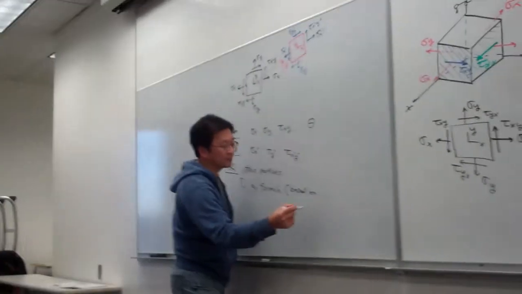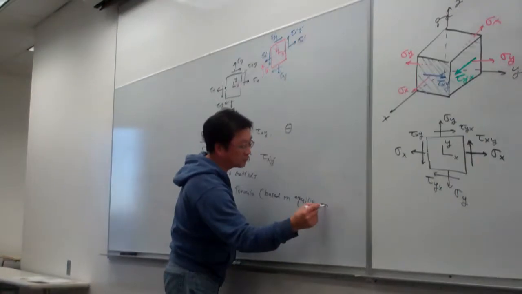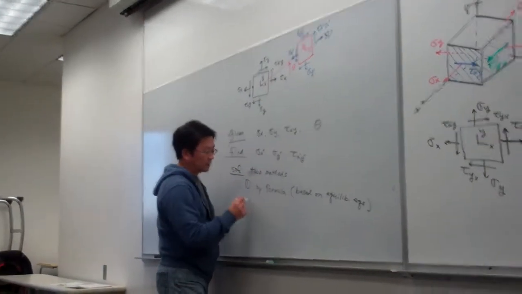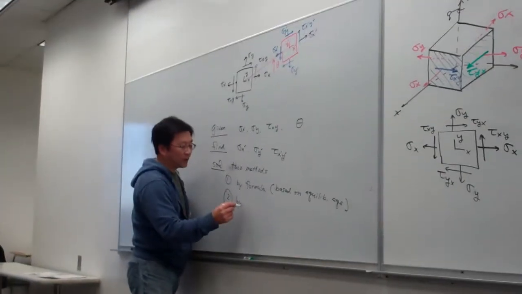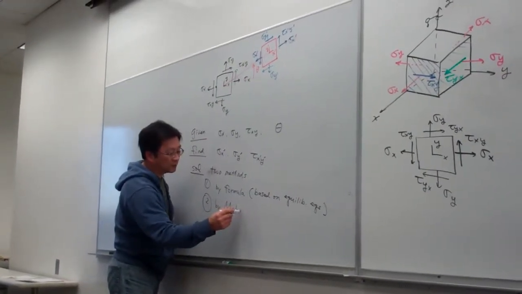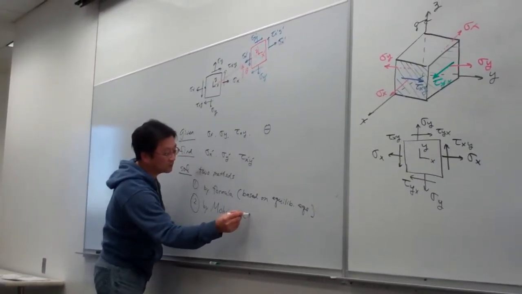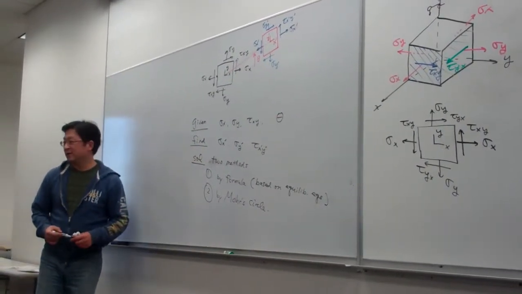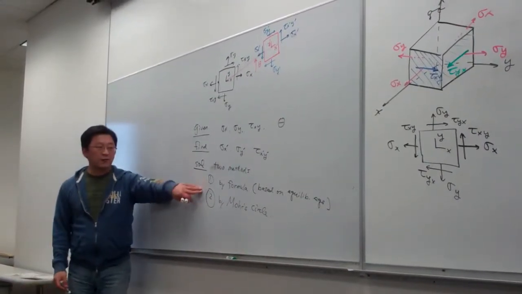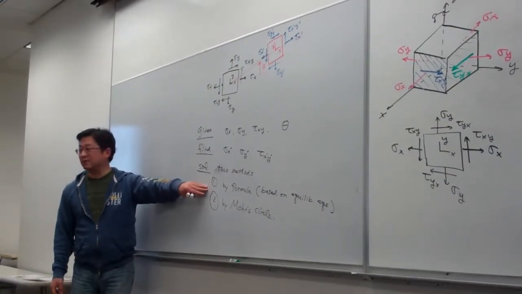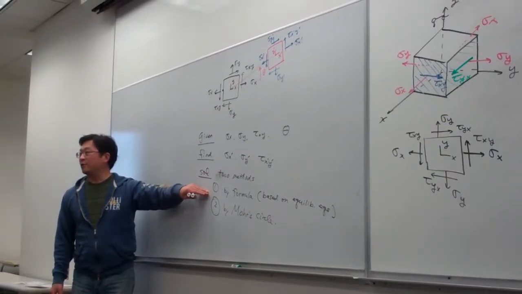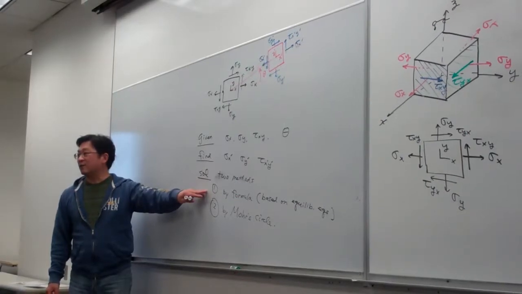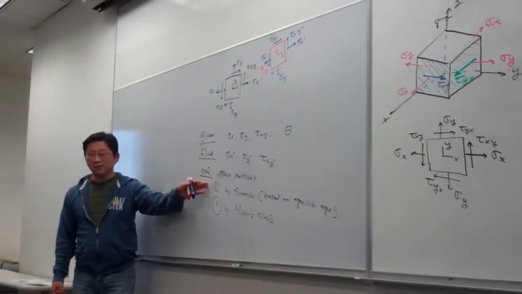The formula is based upon the equilibrium equations. The second one is by using Mohr's circle. And we're going to go over both methods. And either one will give us the same result. So for the testing, unless otherwise indicated, you can use either way.